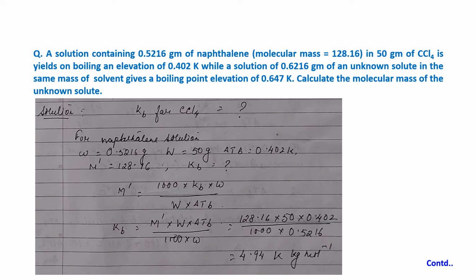Next question. A solution containing 0.5216 gram of naphthalene whose molecular mass is 128.16 in 50 gram of CCl4 yields on boiling an elevation of 0.402 Kelvin, while a solution of 0.6216 gram of an unknown solute in the same mass of the solvent, children, you have to note it, same mass of the solvent, that means the solvent is not changing, gives a boiling point elevation of 0.647 Kelvin.